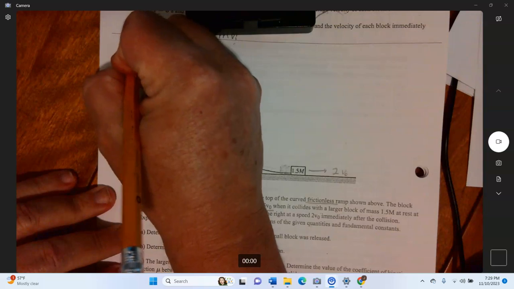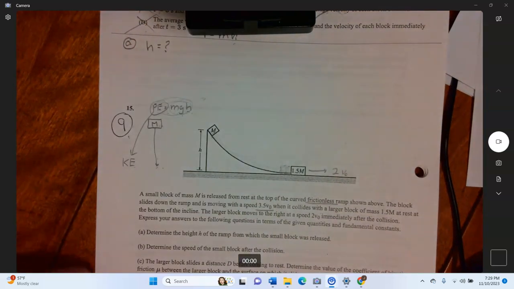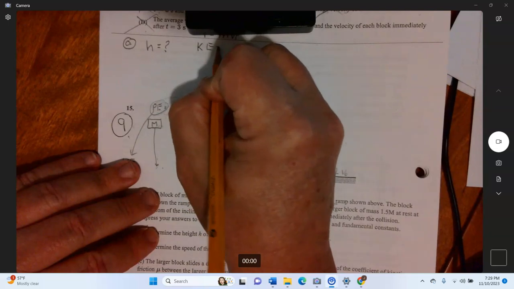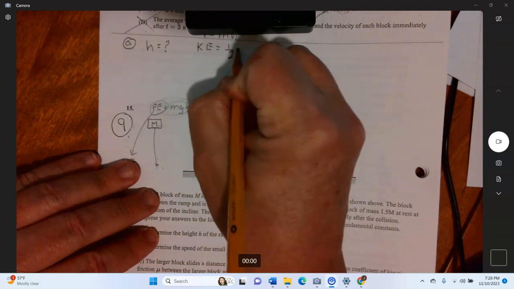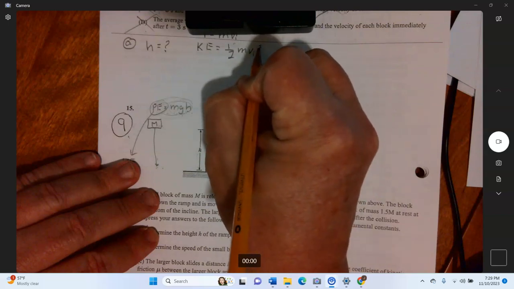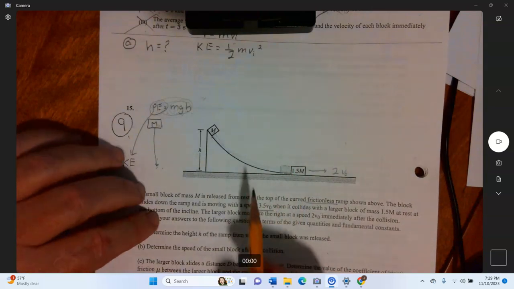So A, we're going to figure out height equals question mark. That's the way you abbreviate that. Height equals question mark. So let's figure out the kinetic energy. Okay, so that's the instantaneous velocity when it gets there.